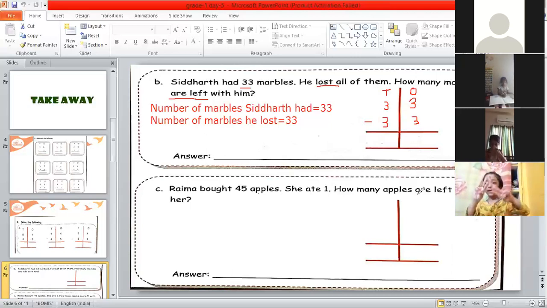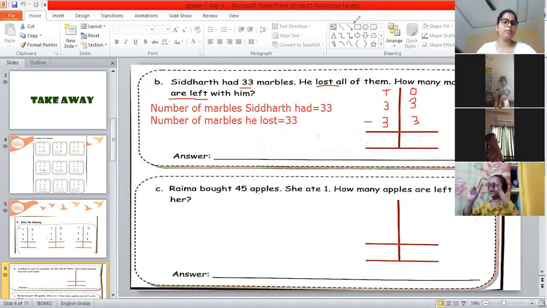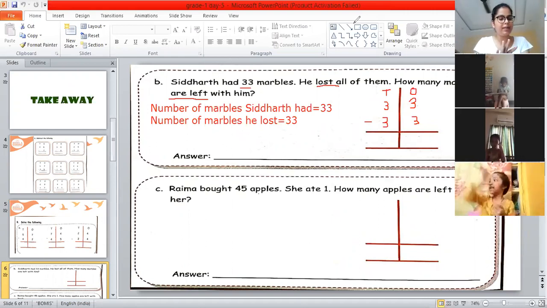Remove. 3 minus 3. Now remove 3 fingers. 2? No, that's wrong. Not 2 fingers, 3 fingers. Remove 3 fingers. Brinda, look at me.